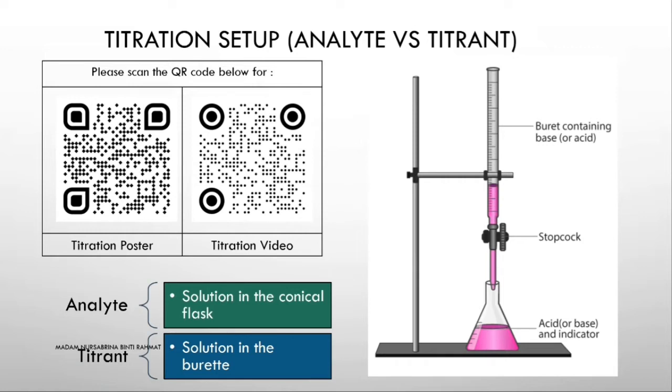In the picture given, you can see we have a burette, and then a stopcock which you adjust to turn the burette on and off. If you turn on the stopcock, the solution from the burette will fill up your conical flask down here.